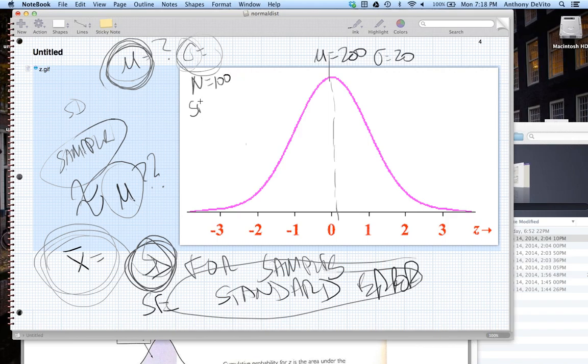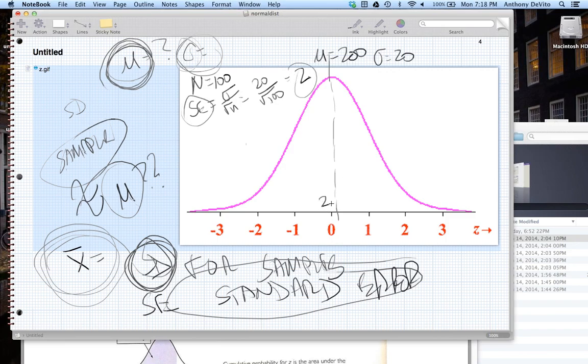The standard error is going to be equal to sigma; remember, that's the standard deviation of repeated samples of size 100 over and over again, redrawn as a distribution. That's what this distribution is going to represent now. Standard error is equal to sigma over the square root of n, which is 20 over the square root of 100, which is 20 divided by 10, equal to 2. So now the standard error is equal to 2.